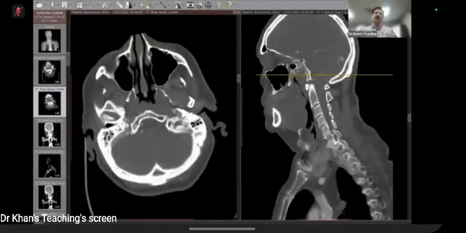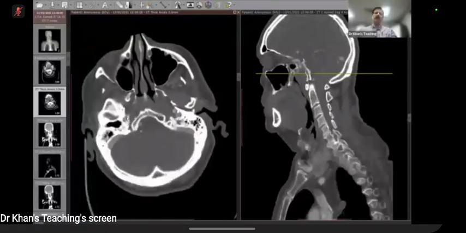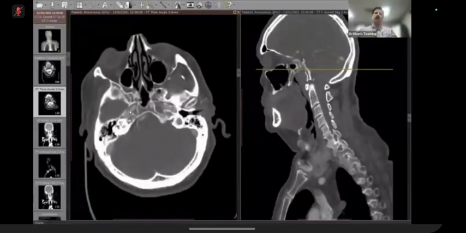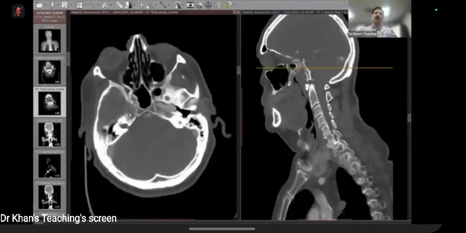And here, this is the vertical portion where you can see it as a cross section, because this is the vertical portion as we had described of the carotid canal. Now you will see it will become horizontal. Now it has become horizontal. It is passing through the petrous part.